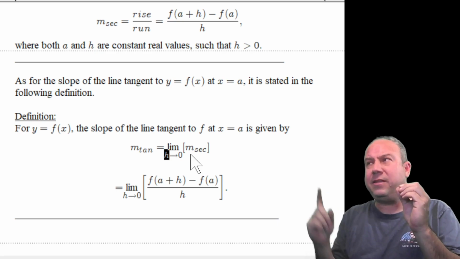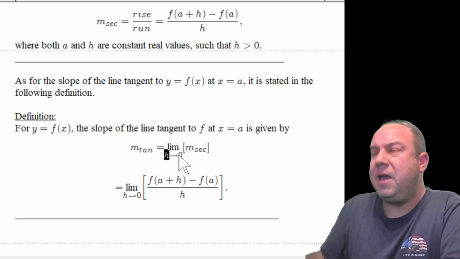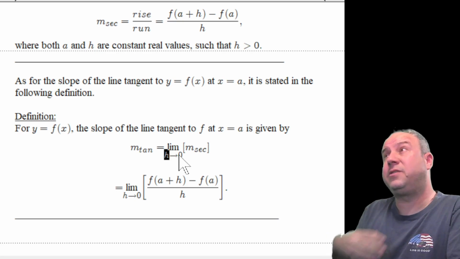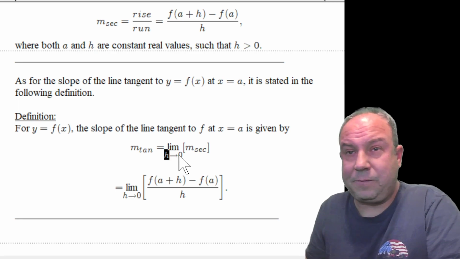We're going to bring in that second point closer and closer to the first. And what we're going to see is that the slope of the secant line is going to become the slope of the tangent in a limit evaluation.